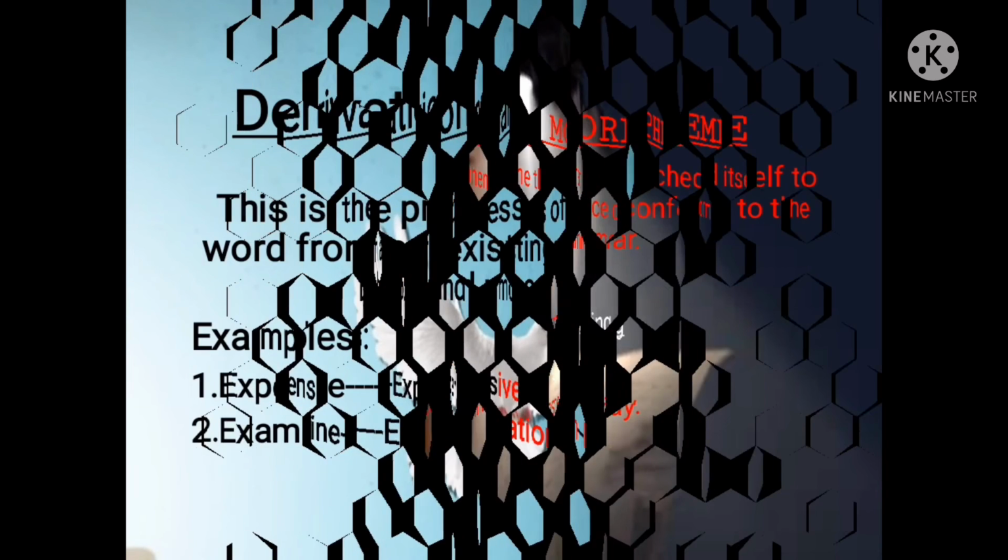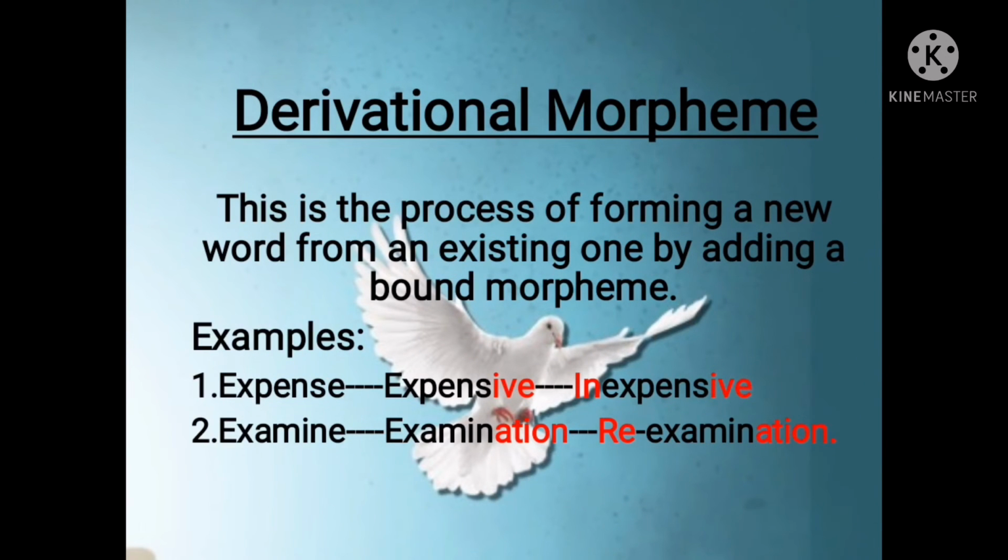Let's move on. Now let's look at the derivational morphemes. Derivational morphemes. This is the process of forming a new word from an existing one by adding a bound morpheme.